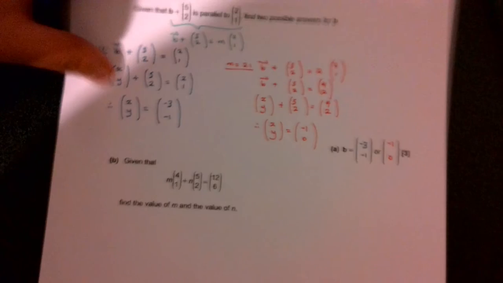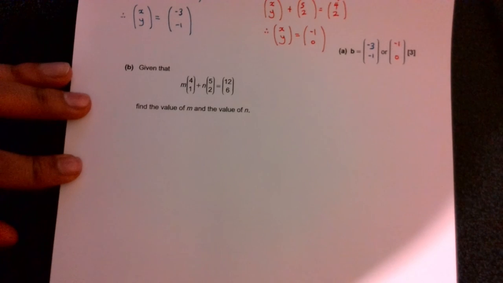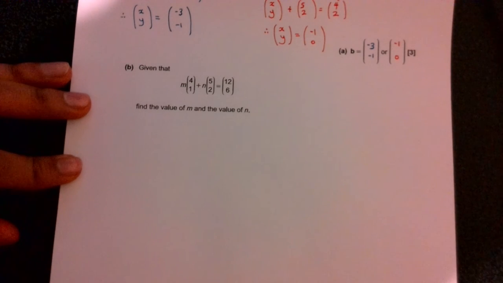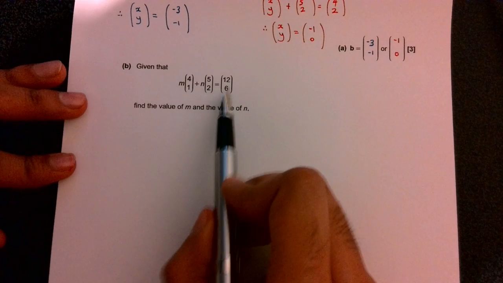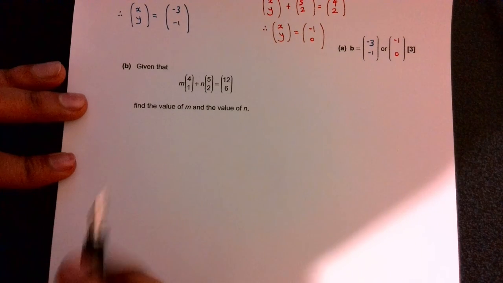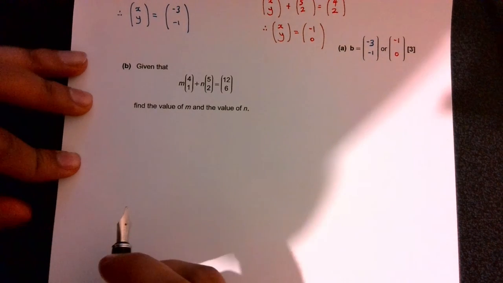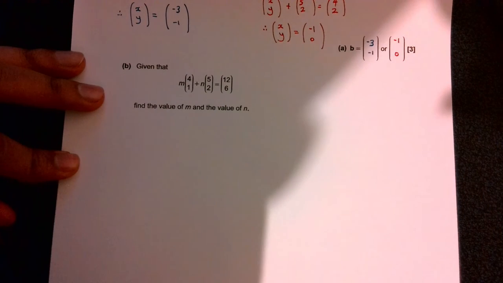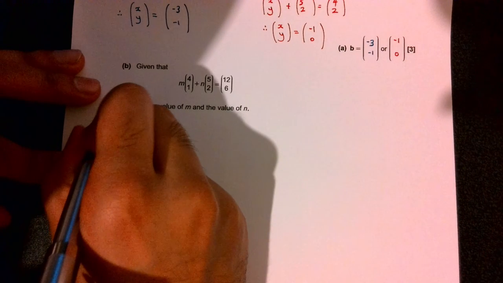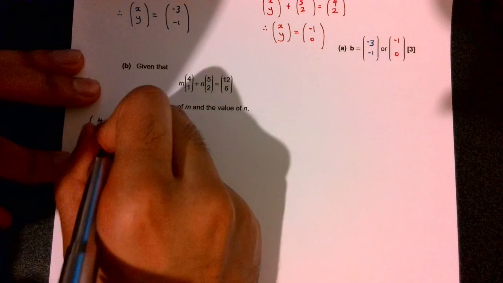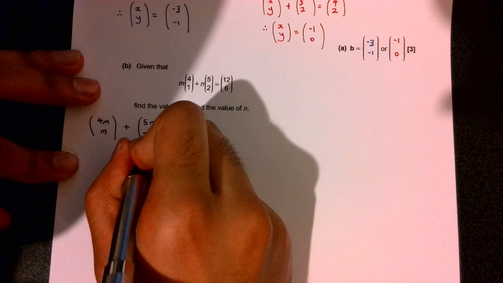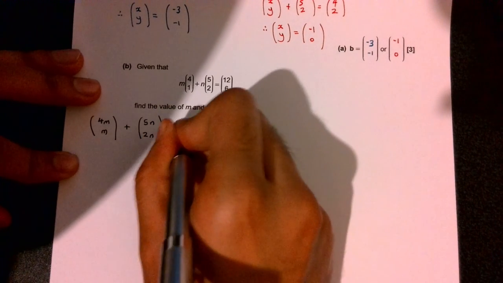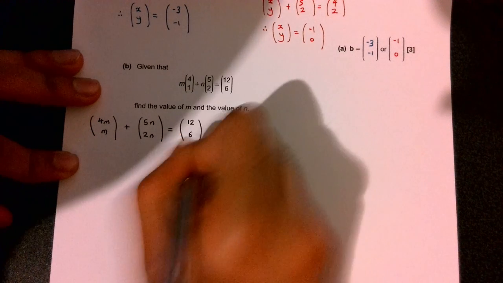Now for part b. Given that m lots of (4, 1) plus n lots of (5, 2) is equal to (12, 6), we have to find the values of m and n. Expanding this out, we have (4m, m) plus (5n, 2n) equals (12, 6).